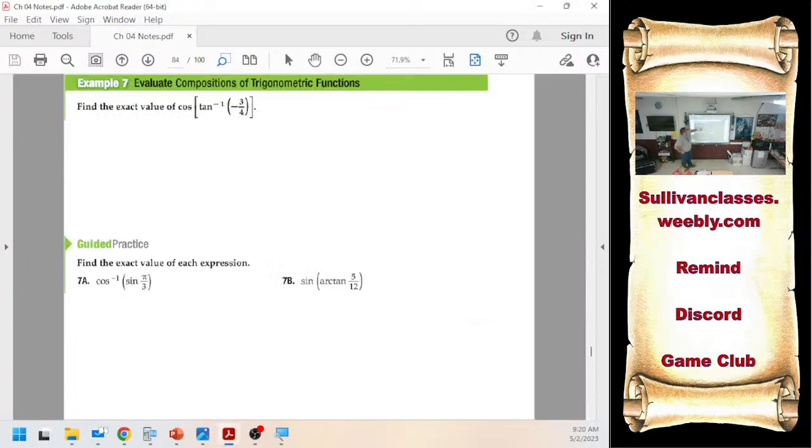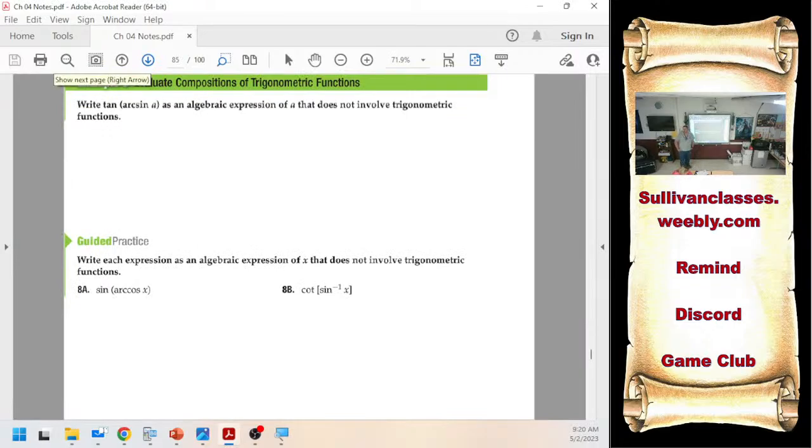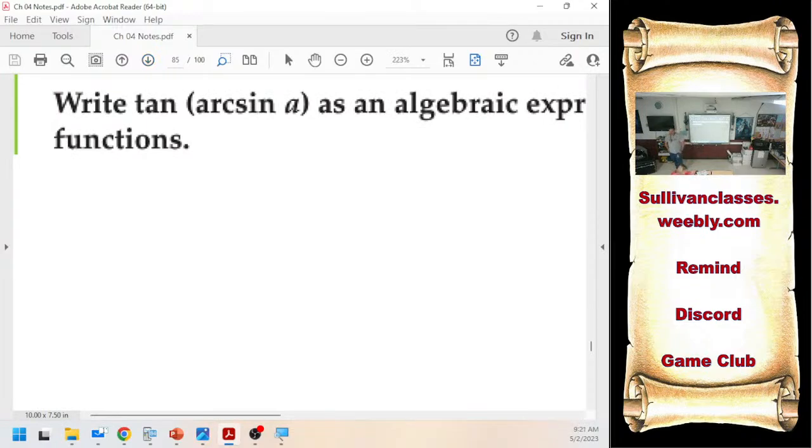Then Satan said, what if I took away all of the numbers? Write the tangent of the arcsine of a, as an algebraic expression. No shaking and crying.